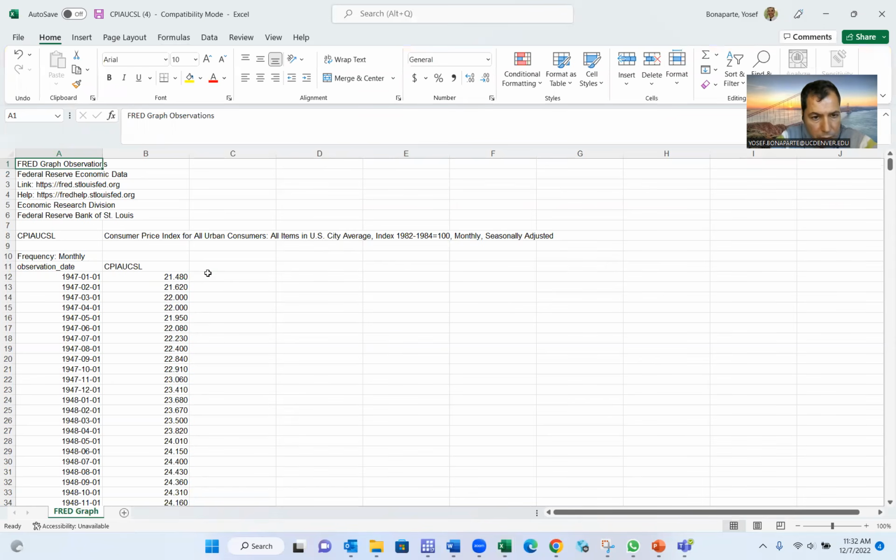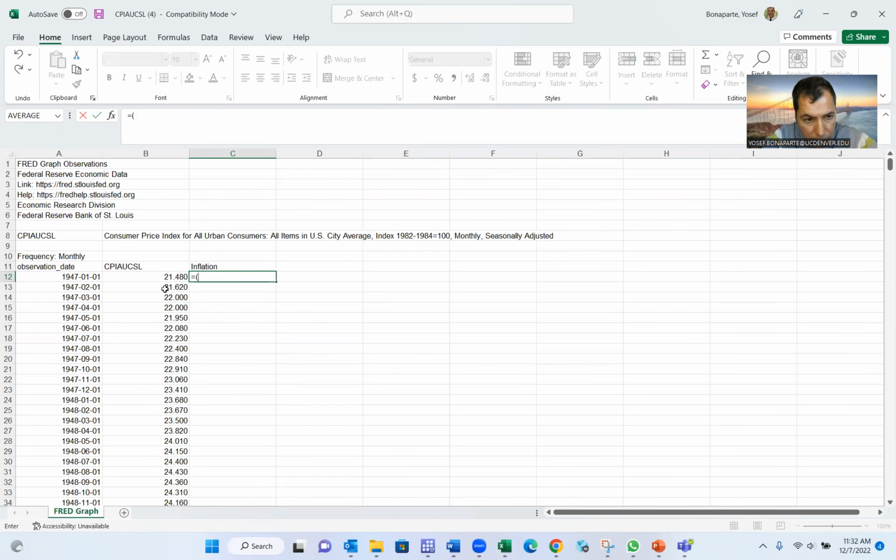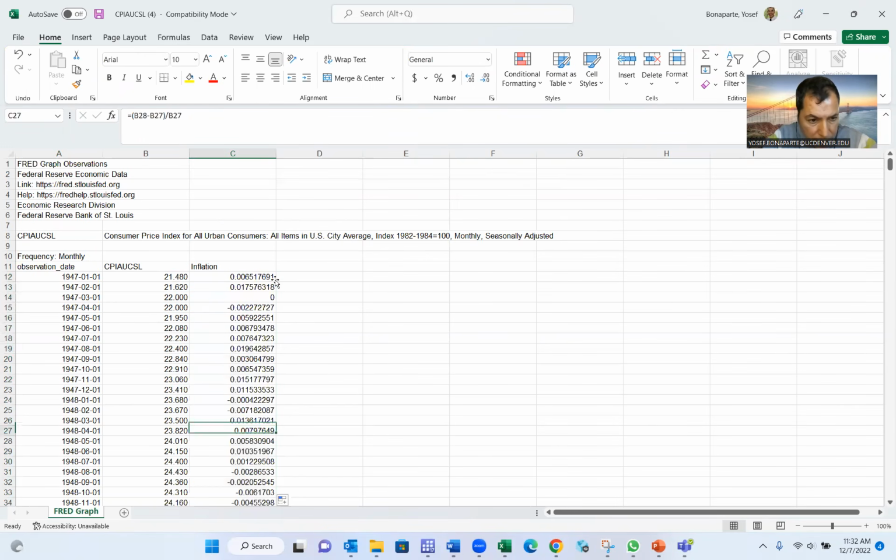Enable. So inflation for January will be equal to end of the month CPI minus beginning of the month CPI divided by beginning of the month CPI. Double click. We didn't care about all of this.